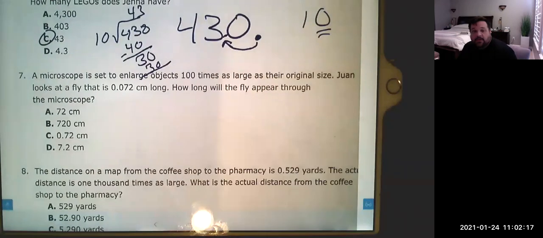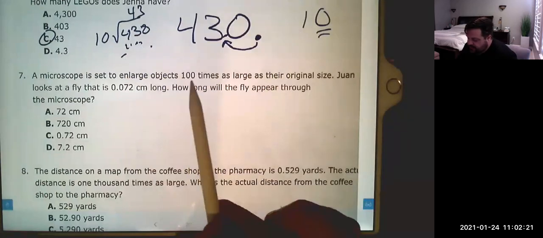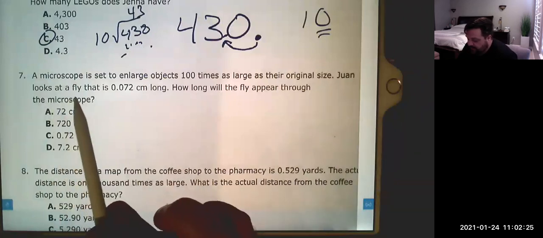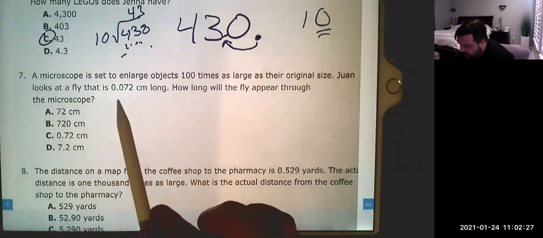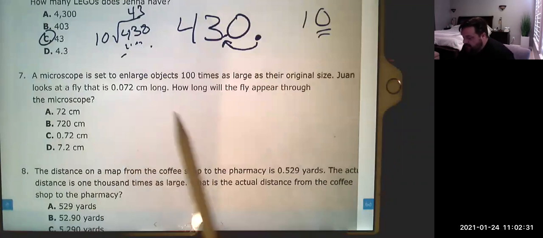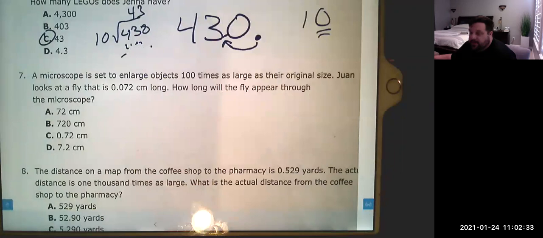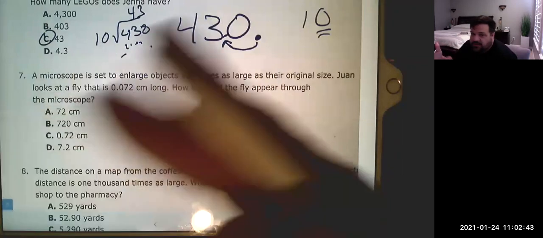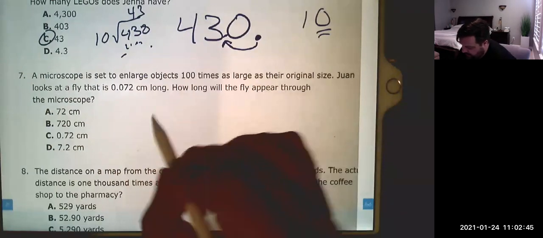Number 7 says a microscope is set to enlarge objects 100 times as large as the original size. Juan looks at a fly that is 0.72 thousandths of a centimeter long. How long will the fly appear through the microscope? Pause it and work it out. Okay, if you guys are paying attention to what we're saying, there are ways for you to work this out, right?